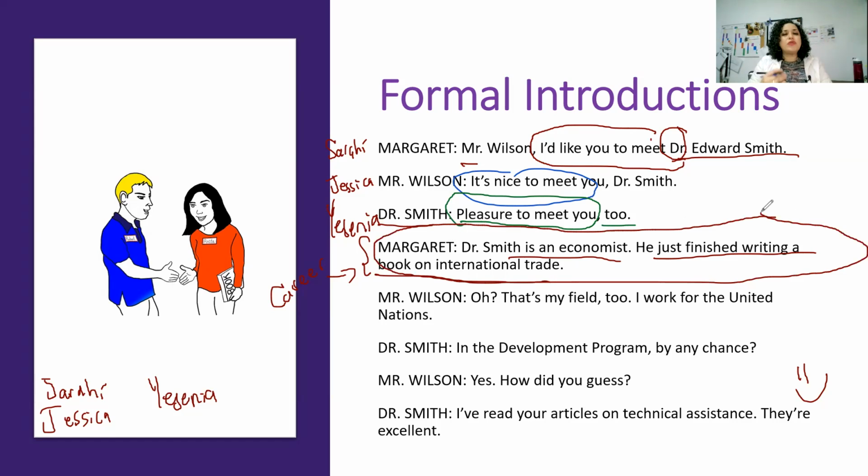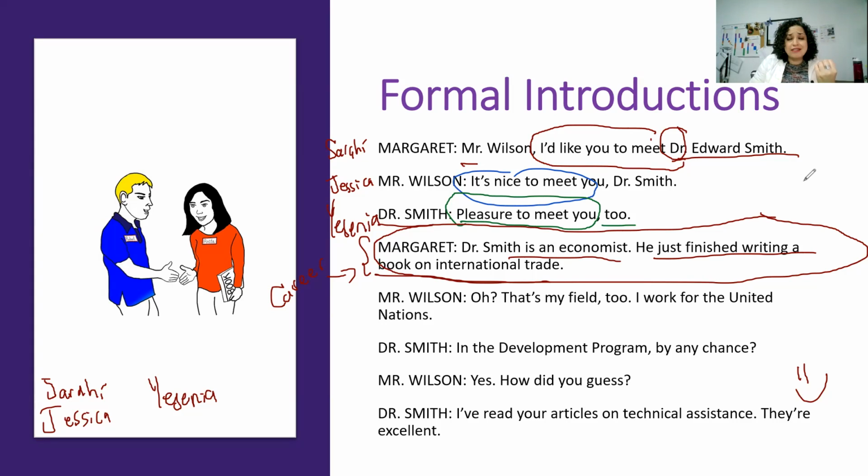Introducing what will be interesting for the other person from the third person that you're introducing, which in this case is Dr. Smith. And Mr. Wilson goes like, oh, really? Good. That's the meaning of that oh. That's my field too.